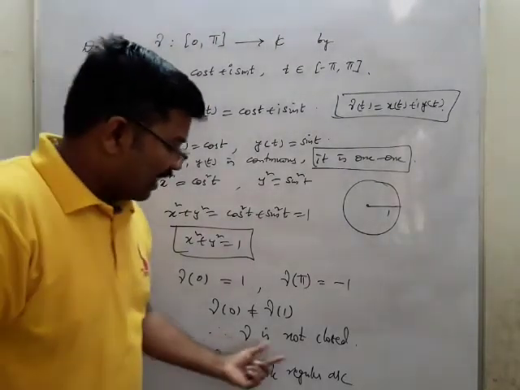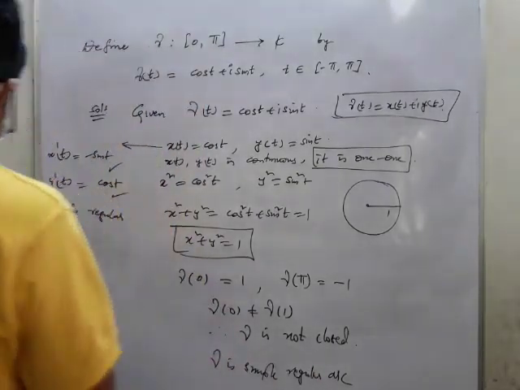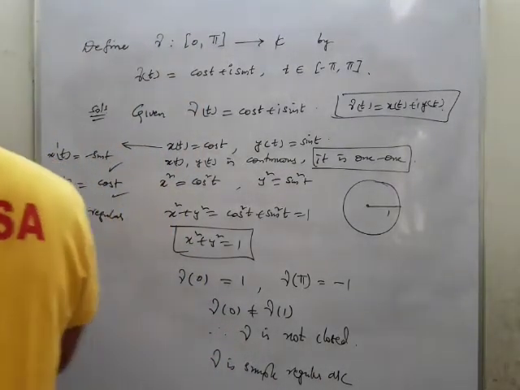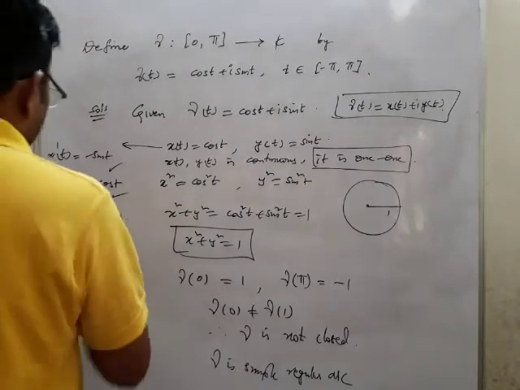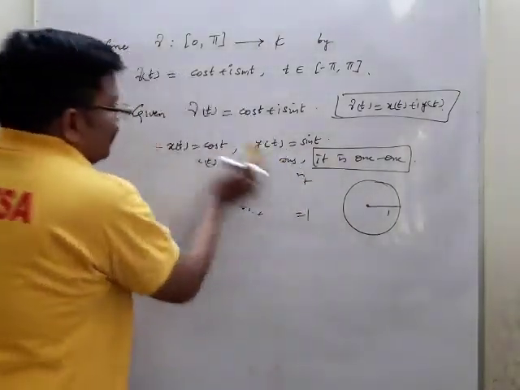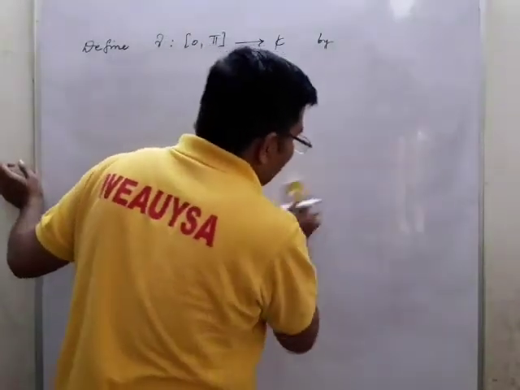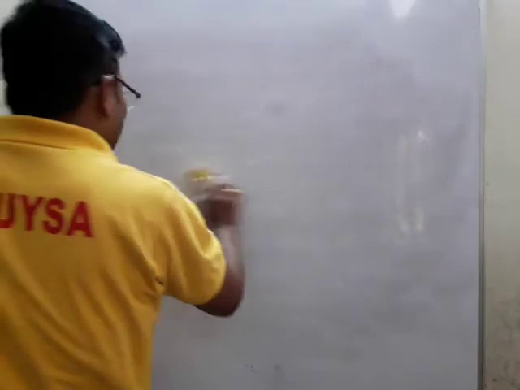So gamma is not closed, but gamma is a simple regular arc. Now this is how you can do the problem. Another problem: we'll try to find out whether the given curve is regular, simple or closed. Another important problem.